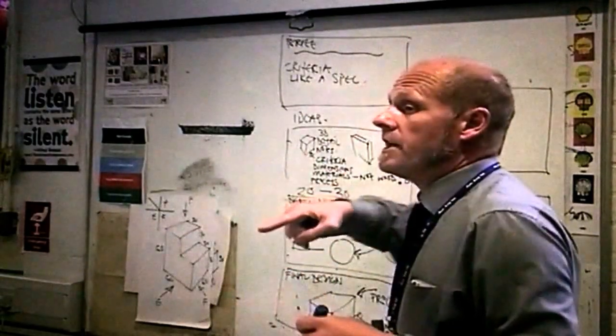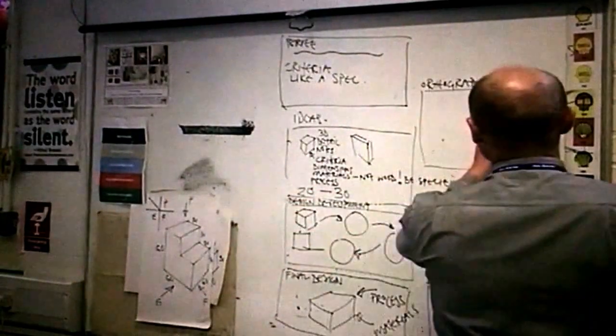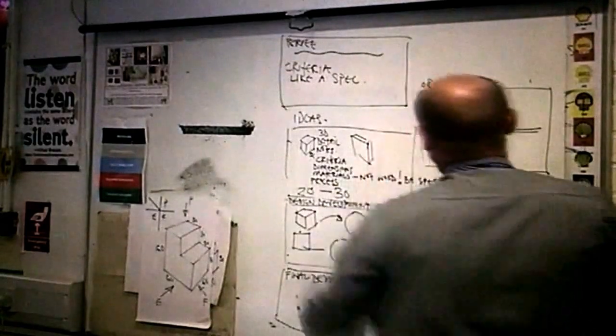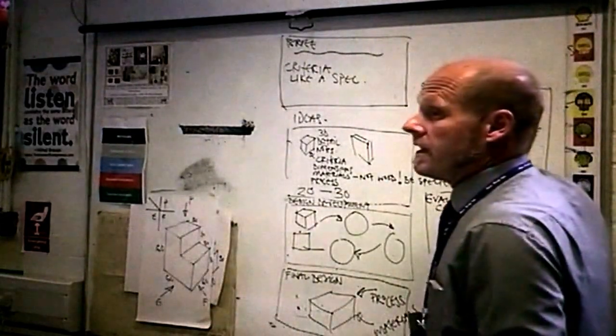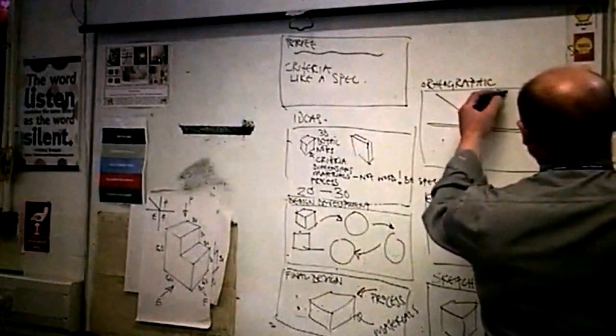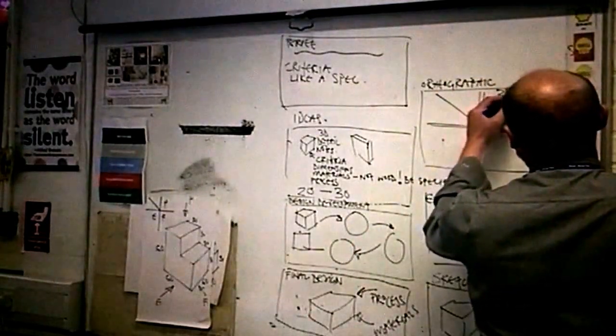So that means that we need this additional page in there, and those of you that have done DT will remember, you're going to produce an orthographic. I would suggest within this that you use 2D design.